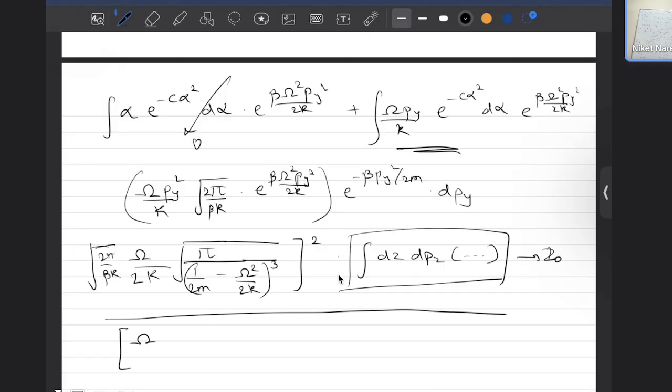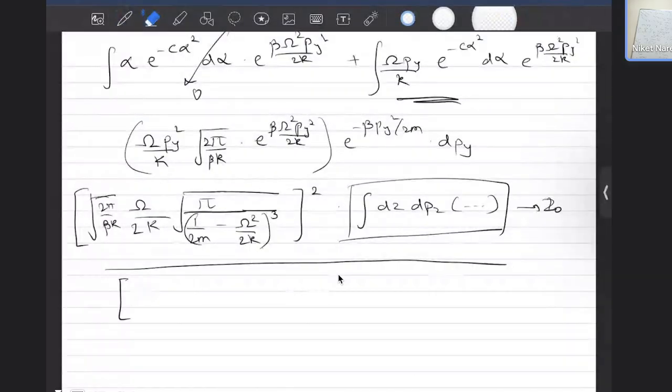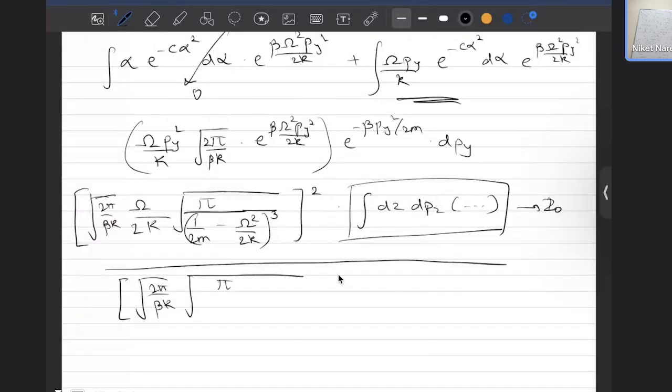This whole square divided by what I'm getting is, yes, square root of 2 pi by beta kappa, square root of pi divided by 1 by 2m minus omega square by 2 kappa, the whole square. This is what I get here. So this will go away, but here I'll be left with omega square by 4 kappa square.